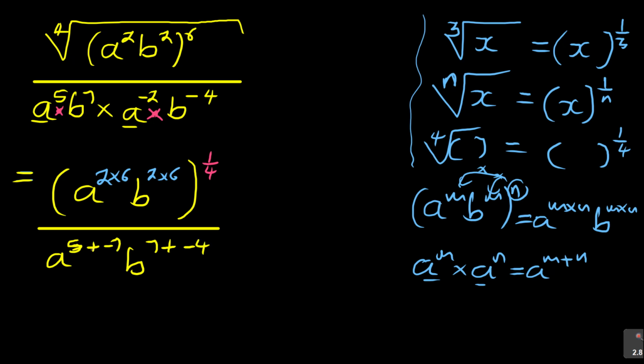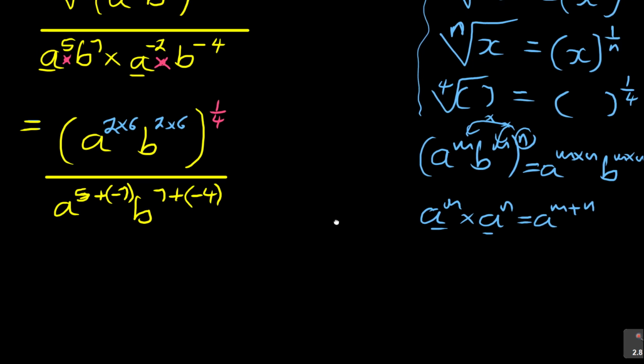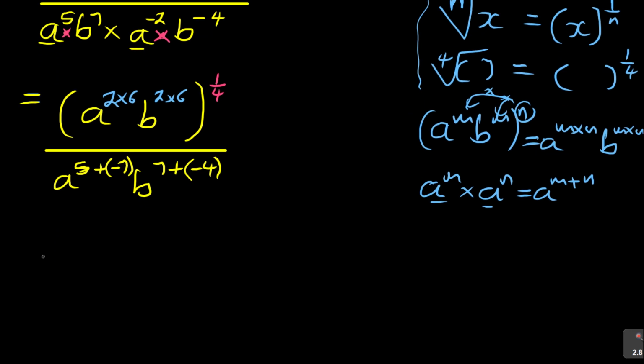Now you say, but you can put a plus or minus. It's okay to put a bracket like that, and it's okay to put a bracket like that. You see, what I was doing is trying to work this thing and use the laws at the same time. Now here you will have a to the power of 12, b to the power of 12, everything to the power of 1 over 4, all over.